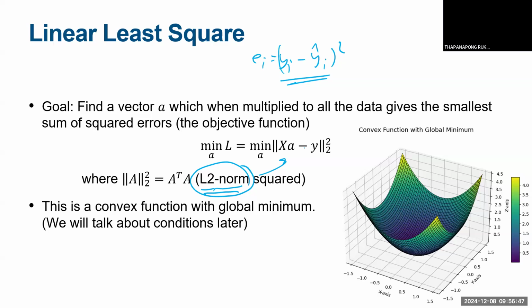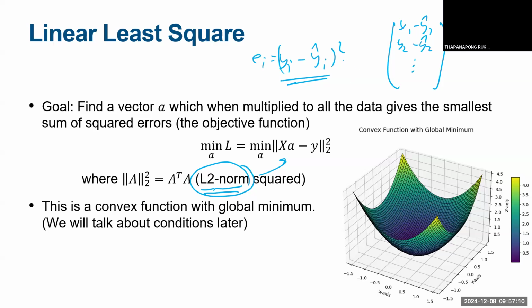And the L2 norm is basically a transpose times a. So basically, you're going to have y1 minus y hat 1, y2 minus y hat 2, and so on.